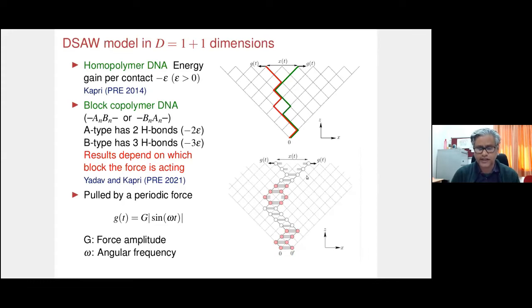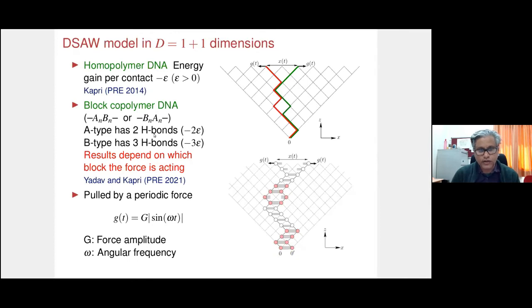We also study a heteropolymer DNA, where the heterogeneity is given in the form of blocks. We have a block copolymer DNA of the type A_n B_n or B_n A_n, where A type bonds have 2 hydrogen bonds, therefore having energy -2 epsilon, and B type bonds have 3 hydrogen bonds, therefore having -3 epsilon energy.